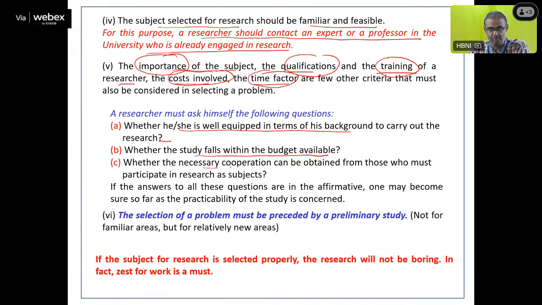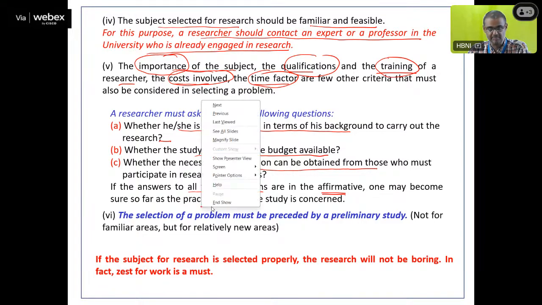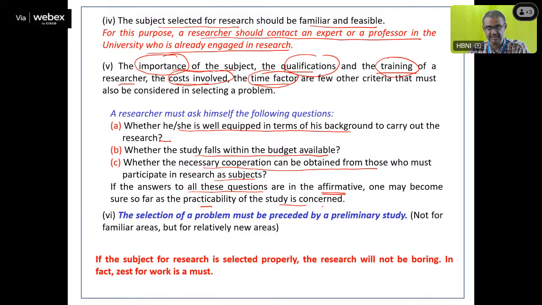Whether the necessary cooperation can be obtained from those who must participate in research as subjects. Okay, you ask these questions. If the answers to all these questions are affirmative, means yes, then one may become sure so far as the practicability of the study is concerned. Okay, then you can go ahead.